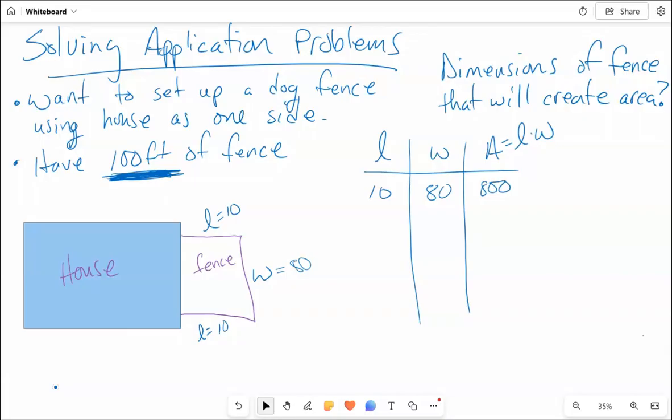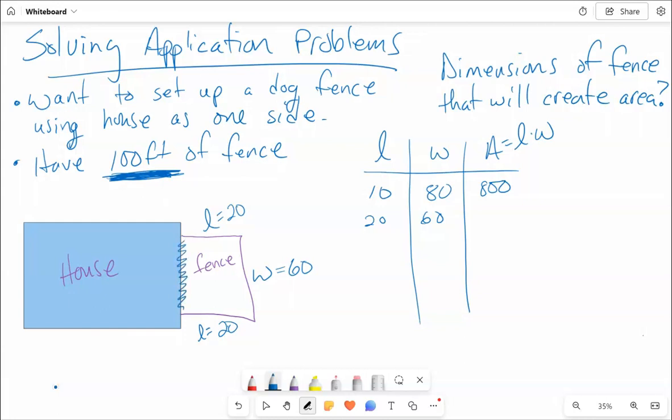That's one scenario. Now let's try a different scenario. What would happen if the length was 20? Well, if the length was 20, then this would have to be 20 as well. So 20 and 20 is 40. Out of 100, that means the width, the part remaining, would be 60. Now notice in these two scenarios that I have not had to use any fencing over here.